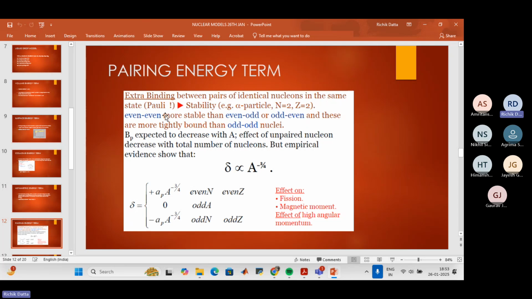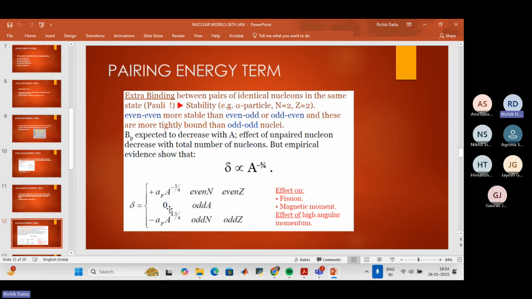There are several conditions for the pairing energy term. The pairing energy term is determined as delta proportional to A to the power minus 3/4, where the pairing energy constant is Ap. This depends on the conditions of the protons and neutrons. If both the proton number and neutron number are even, suppose both are 4, then the pairing energy term will be Ap A to the power minus 3/4.